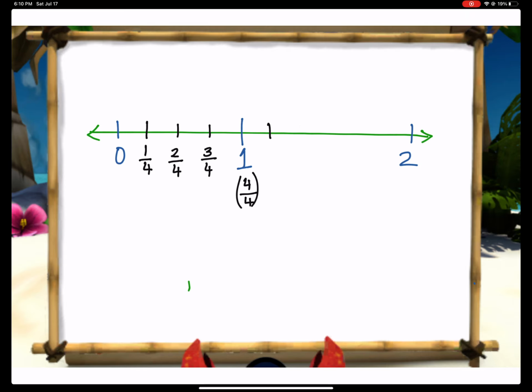Okay, so 1, 2, 3. Okay. So here it goes 1 1/4, 2 2/4, 3 3/4, and then this one is 2.